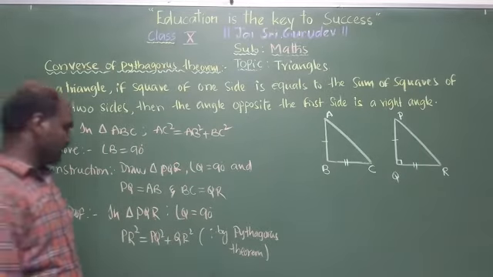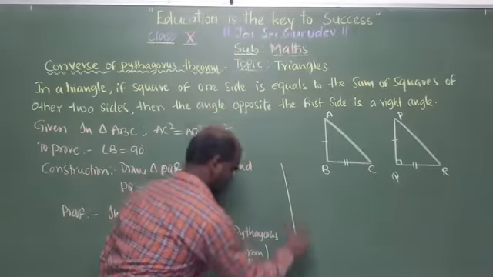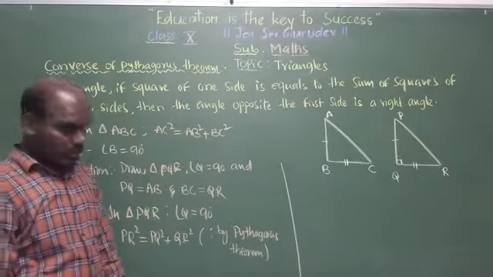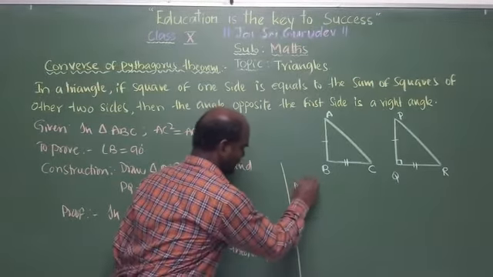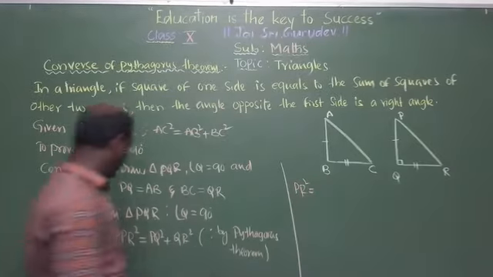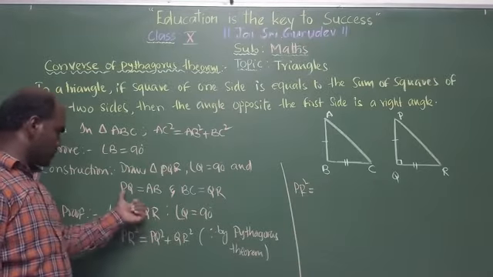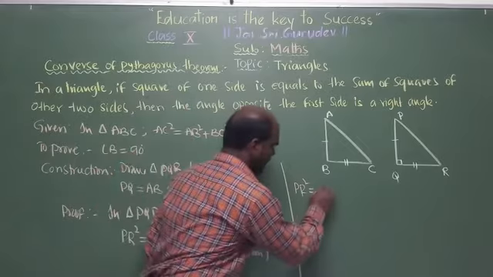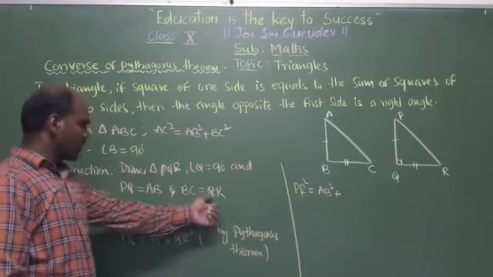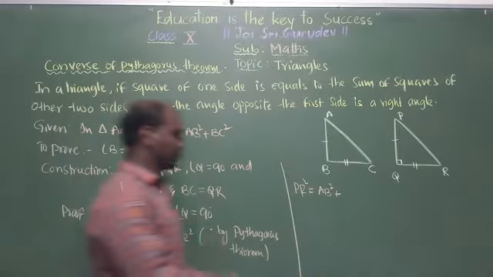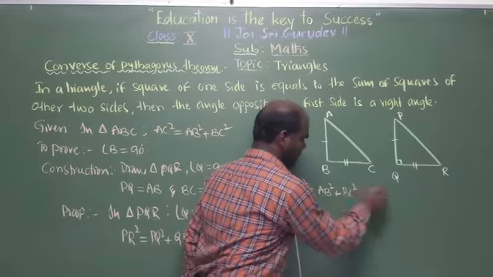Then here, PR square is equal to PQ, which is AB, so AB square plus QR, which becomes BC, so BC square.